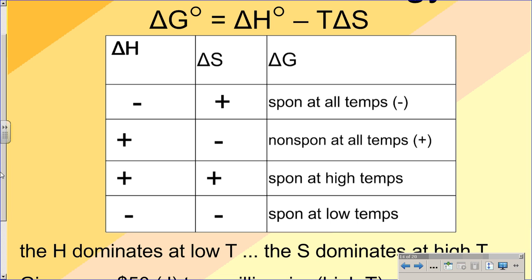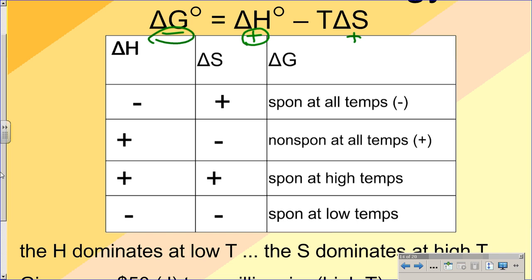I pointed out spontaneous at all temps and non-spontaneous at all temps, but just in case you ever come across word questions like, do you think this is going to be spontaneous at high temperatures or low temperatures? Let's go endothermic reaction, positive delta H, and you want delta G to end up negative so that it's spontaneous. What should this value be? Positive. Okay, so it should be positive. Should T be a large value or a small value for temperature?